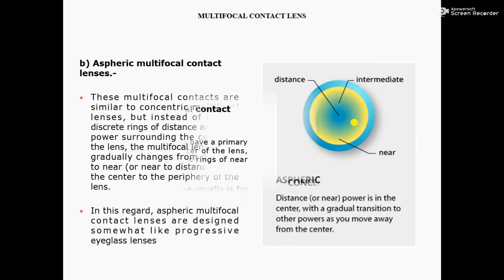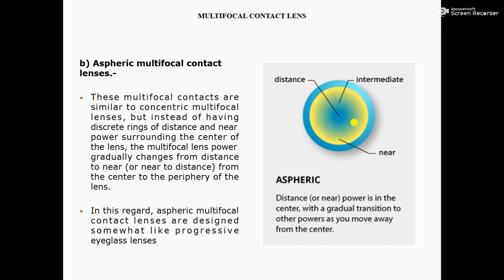Next, number 2, aspheric multifocal contact lenses. Here, these multifocal contact lenses are similar to concentric multifocal contact lenses, but instead of having discrete rings of distance and near power surrounding the center of the lens, the multifocal lens power gradually changes from distance to near, from the center to the periphery of the lens.